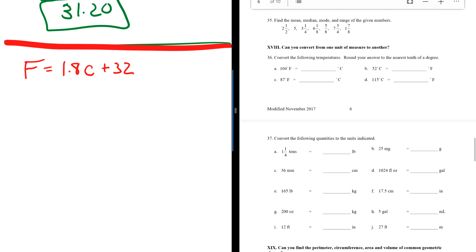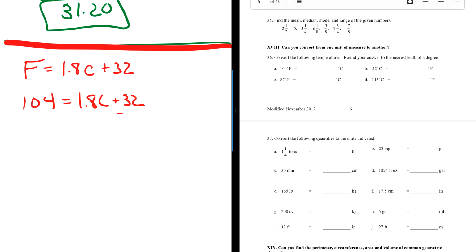So it's going to be 104 equals, I'm replacing the F, Fahrenheit, with 104. And then I'm going to put back 1.8 C plus 32. And now I'm going to solve for C.